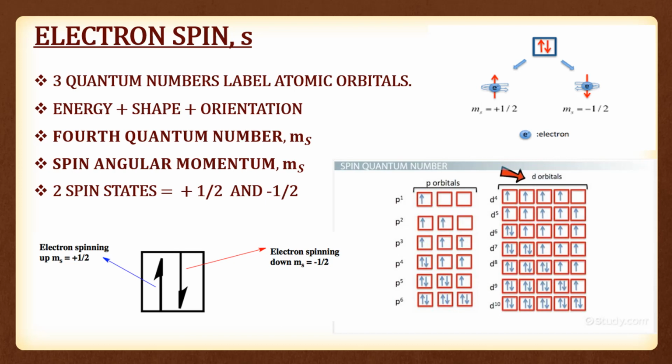In 1925, George Uhlenbeck and Samuel Goudsmit proposed the presence of a 4th quantum number called the electron spin quantum number, also defined as ms. The spin angular momentum of the electron, or the electron spin quantum number ms, is a vector quantity which has 2 orientations relative to its chosen axis.